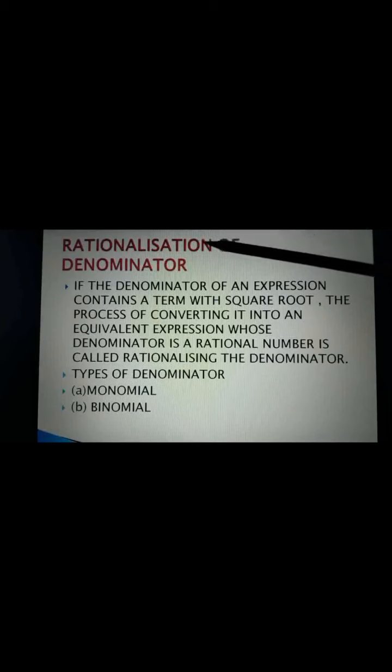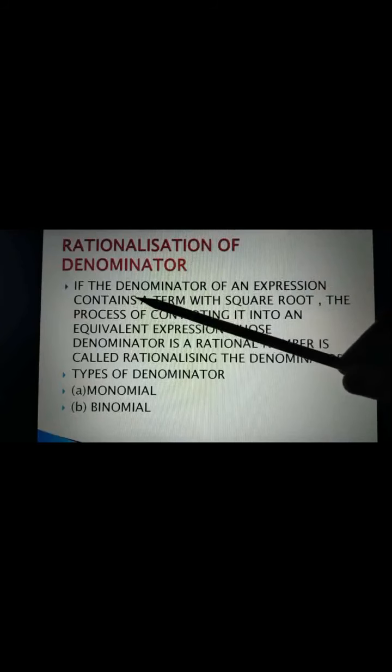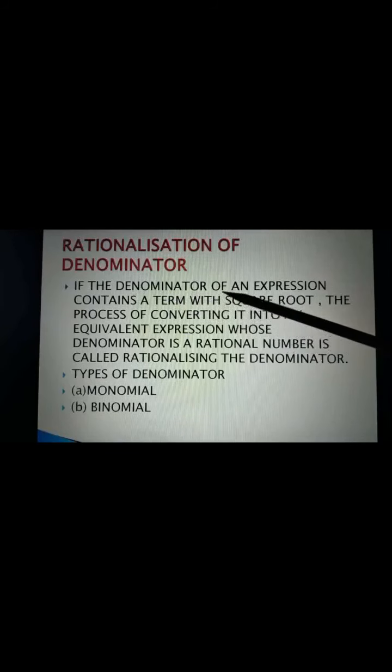Next, rationalization of denominator. Rationalization of denominator means we have to rationalize the denominator. In some expressions, the denominator contains a term with a square root, or we can say an irrational number.